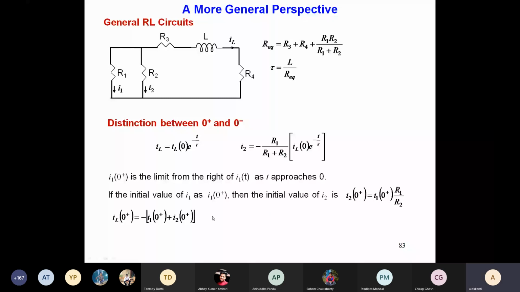If you substitute this, you ultimately get that IL(0+) equals minus (R1 plus R2) by R2 times I1(0+). This is to write IL(0+) in terms of I1(0+). Either way, if you are asked to write IL(0+) in terms of I2(0+), you can also write that down.